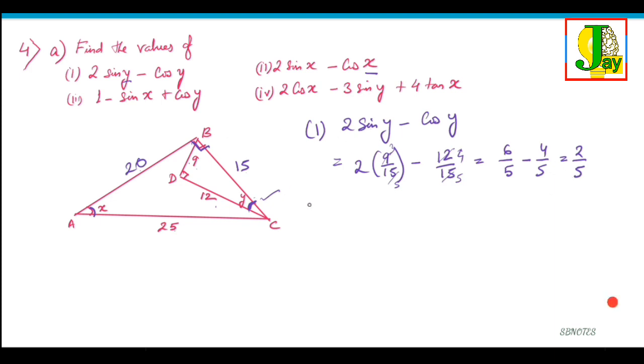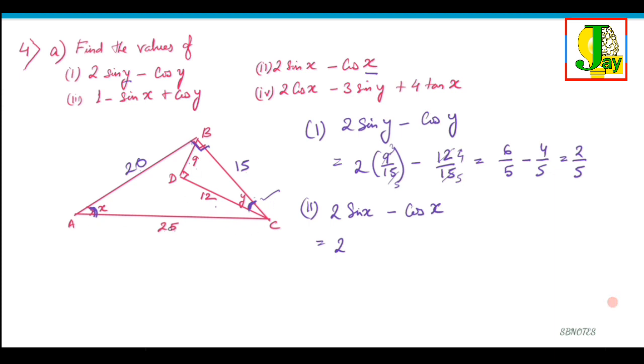Now let's see the second one: 2 sin x minus cos x. X is in the bigger triangle ABC. Corresponding to x, sin x is opposite by hypotenuse. For this angle, opposite is BC, and the hypotenuse is AC, 25.